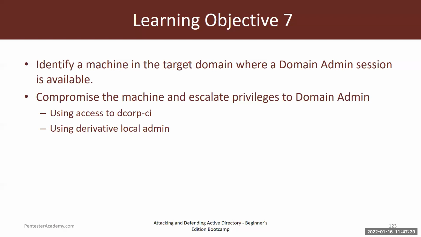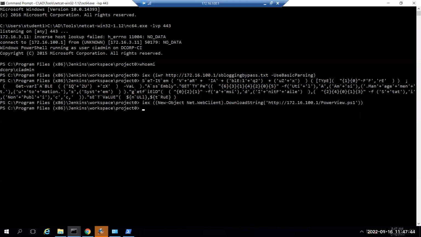Now, we need to identify a machine where a domain admin session is available. What was the function or the command that we saw can do that? Find-DomainUserLocation. This will take some time to run. So now what happens when we run this?